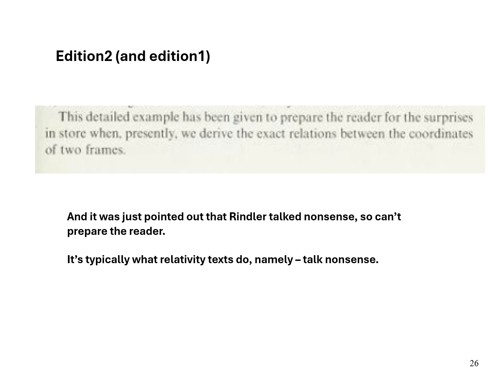And I've pointed out what Rindler said is nonsense. So it can't prepare the reader for what's coming next. And it's typically what relativity texts do, namely talk nonsense. Rindler is just another example of a relativity text talking nonsense, and there are numerous ones like it.